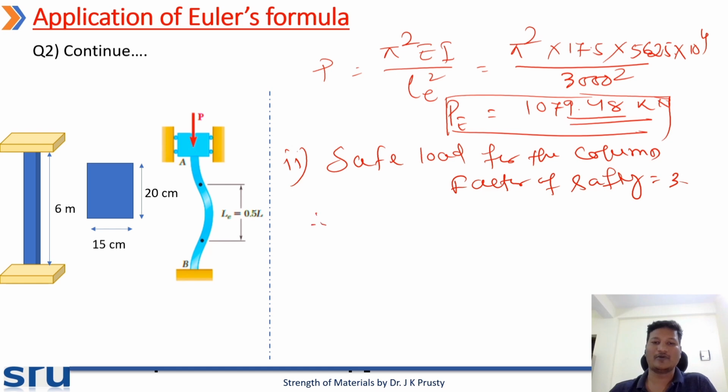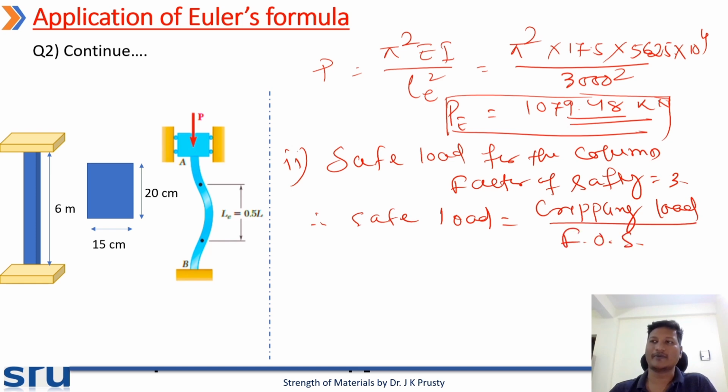So the safe load is equal to crippling load divided by factor of safety. What is the crippling load? 1079.48 divided by 3. We get 359.8 kilonewton.